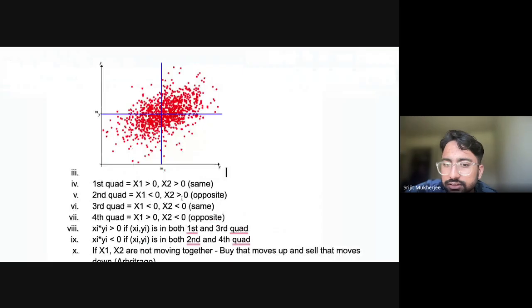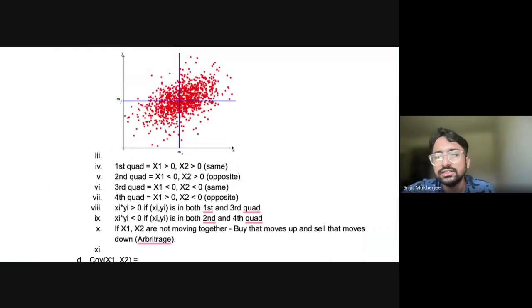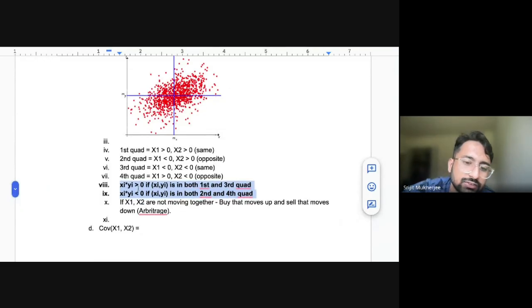Did you understand, guys? Enough. But coming back to covariance. Let's remind ourselves that xi times yi is greater than 0.